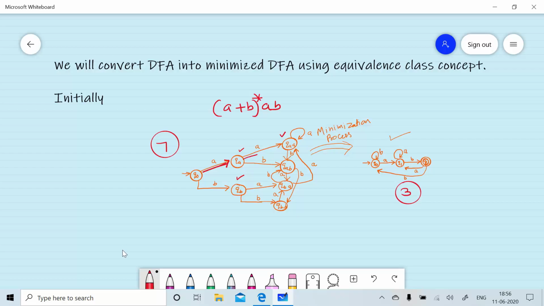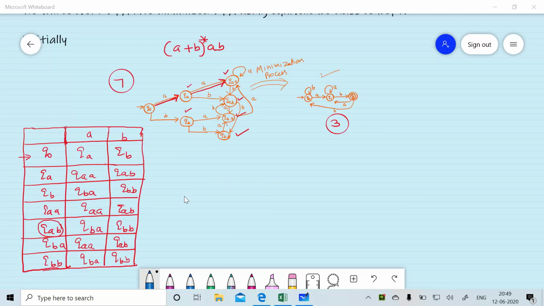On reading a again, we can move from QA to QAA. Similarly QAB, QBA, QBB, all states are reachable. The transition diagram is converted into a transition table with Q0 as the initial state and QAB as the final state.